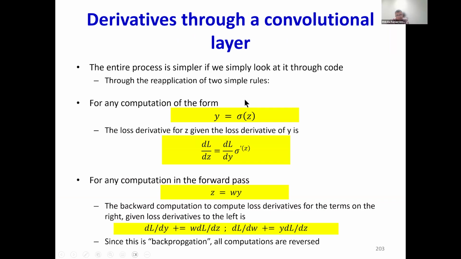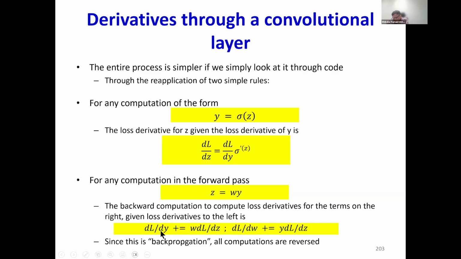And for this, we can do it through the application of two simple rules. If I have y equals sigma of z, then dl over dz is dl over dy times sigma prime, right? Also, if I have z equals wy, then dl over dy equals dl over dz times w, plus equals, right?